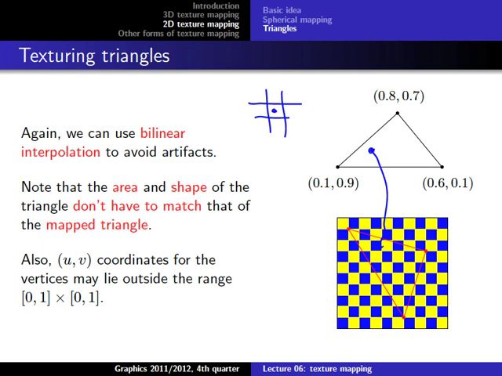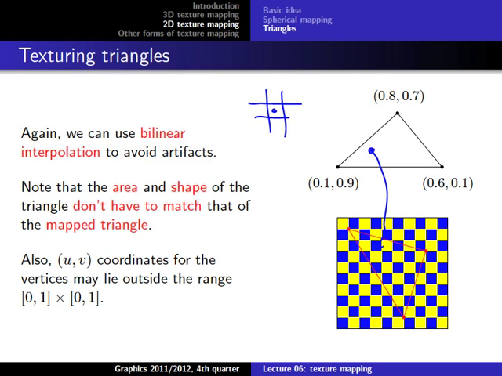Another thing is that, because we have this arbitrary mapping, we can also make it so that this area doesn't even have to match the whole triangle. The triangle doesn't have to be completely in the texture.